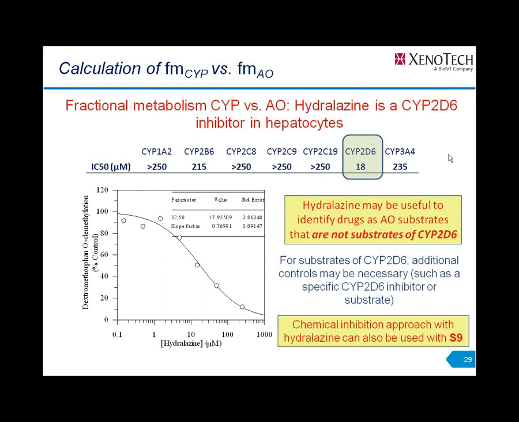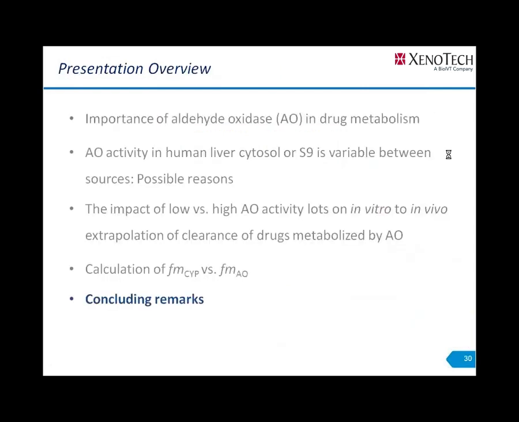So just before I move on to the next slide, it's also important to note that the chemical inhibition approach described here for hepatocytes can also be used with S9. So you can dose hydralazine in S9 and get a similar type of representation of data as well.